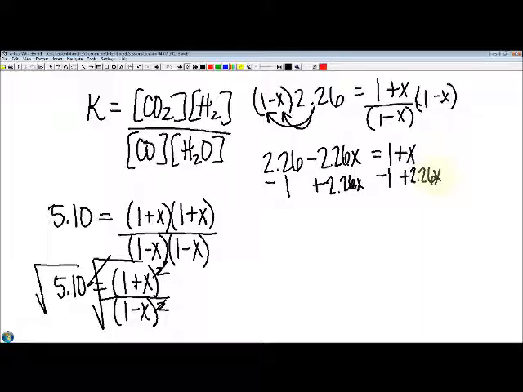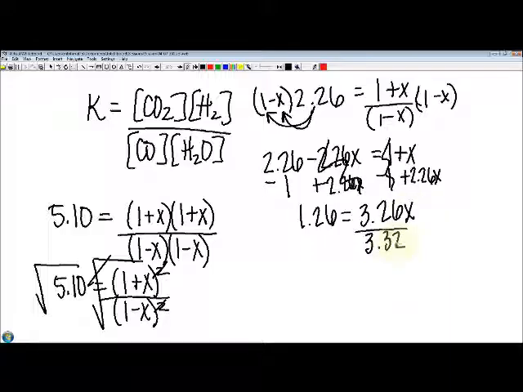So we now have 1.26 is equal to, so these cancel, 3.26x. So then to get x, we divide by 3.26, and x is equal to, I rounded, 0.387.